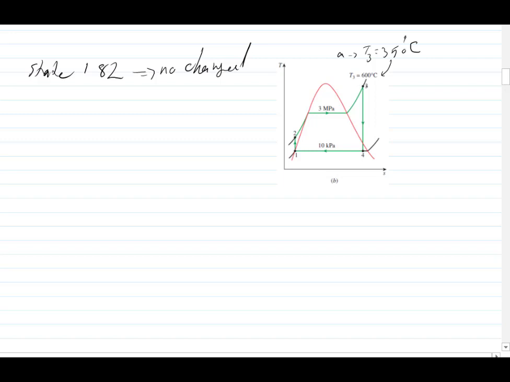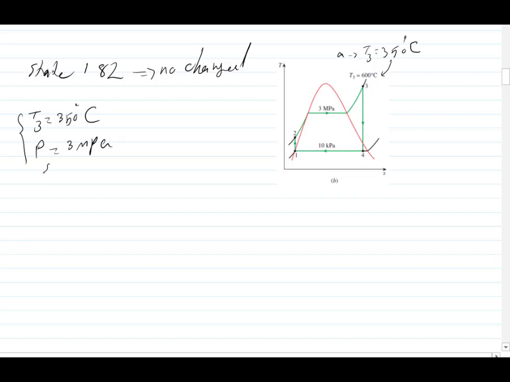So the characteristics or the properties of the working fluid in this state is changed, and we need to find the properties for the working fluid here with this characteristic, which T3 is 350 degrees Celsius, and the pressure is again 3 megapascal.